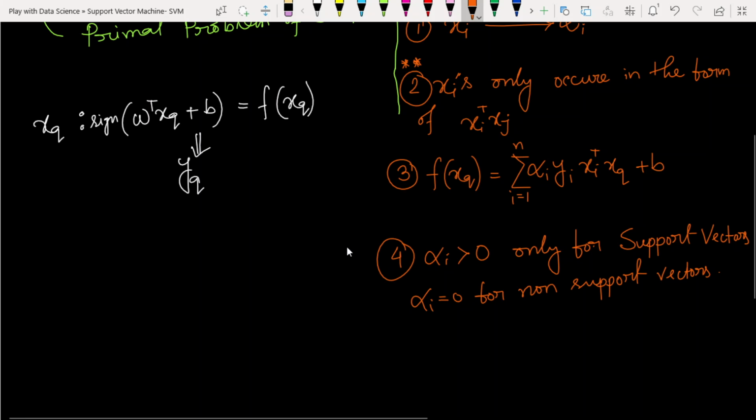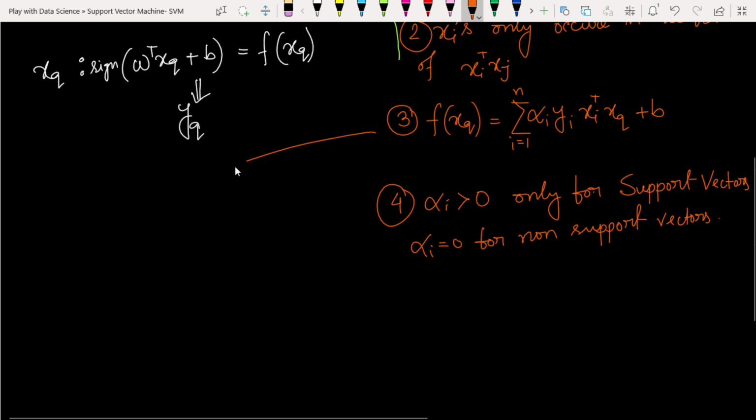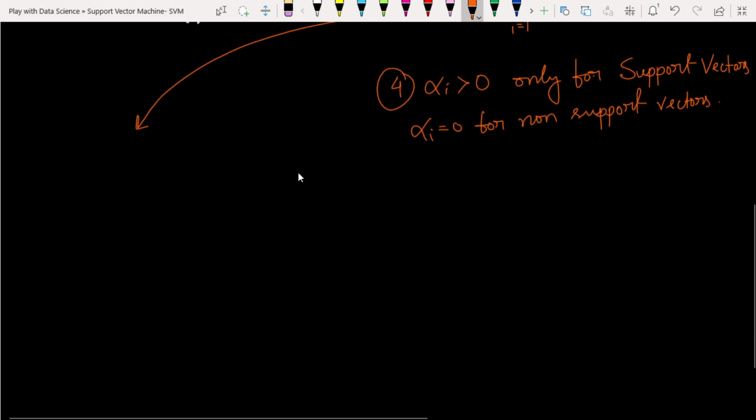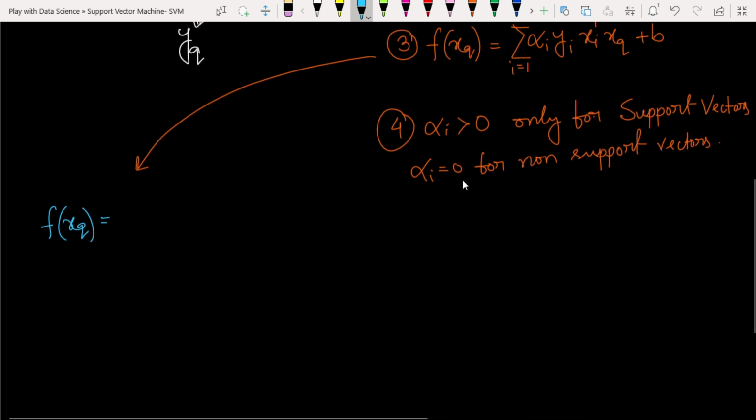So first, let me rewrite this query equation again, then I will discuss it. What will be our xq?